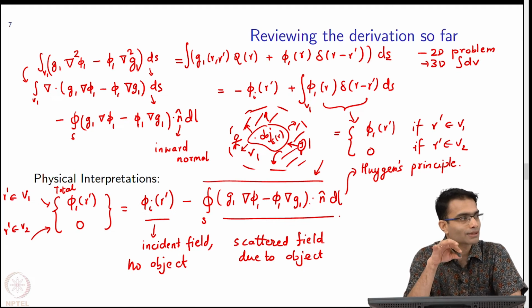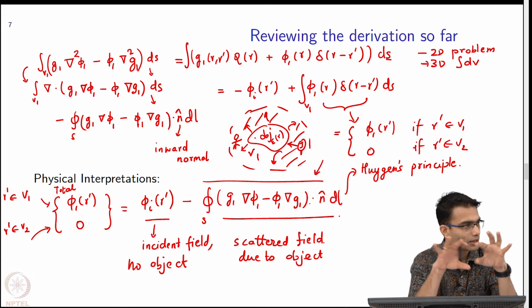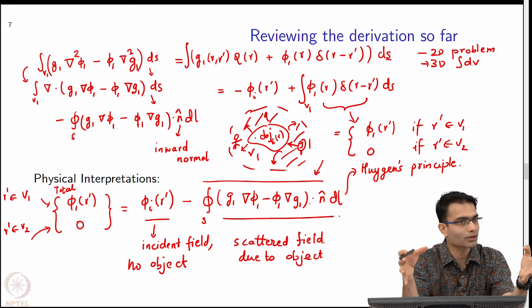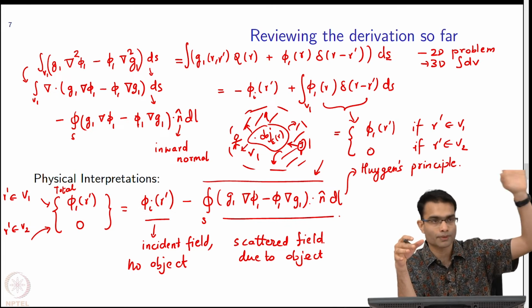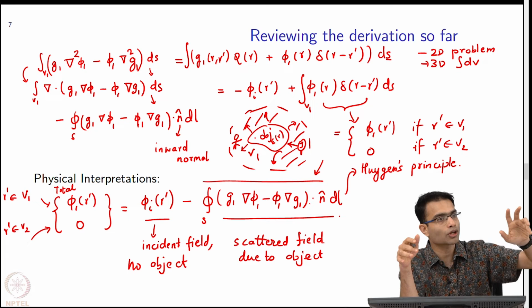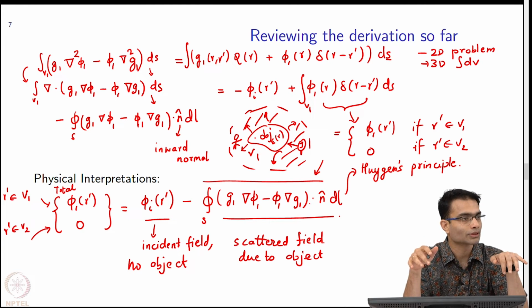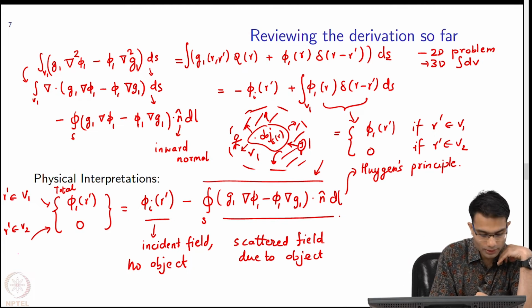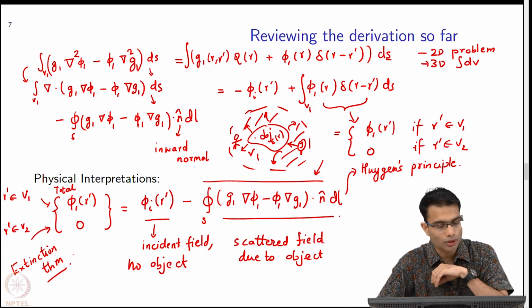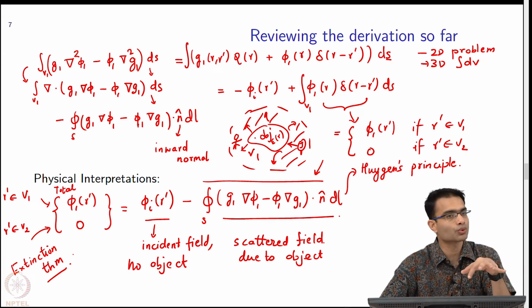It just tells you that this balance of these impressed currents, as they are called, is such that outside the object it produces the correct field, inside the object it cancels the incident field. And the second term is, as I mentioned, the extinction theorem. But don't worry about V2, because V2 will have its own equation.